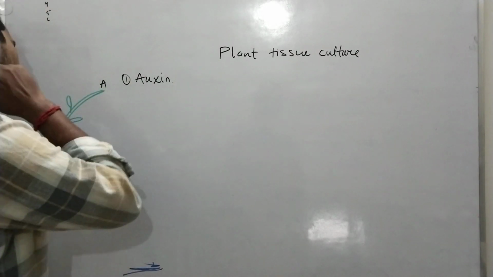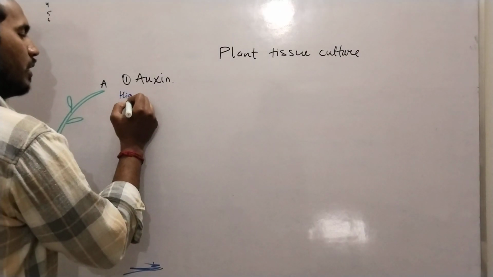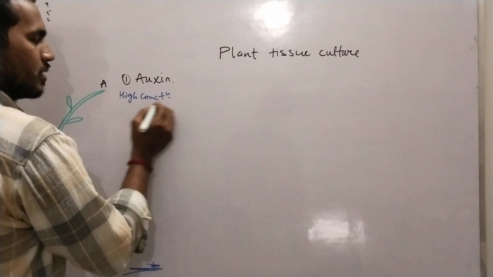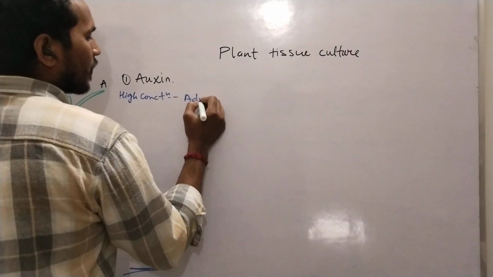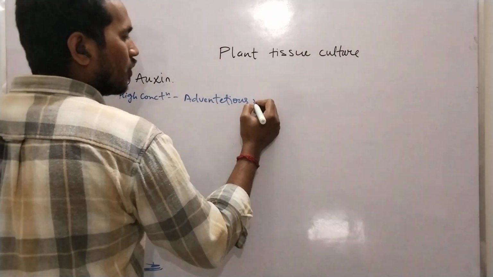We'll see. Auxin at high concentration: adventitious roots will form.